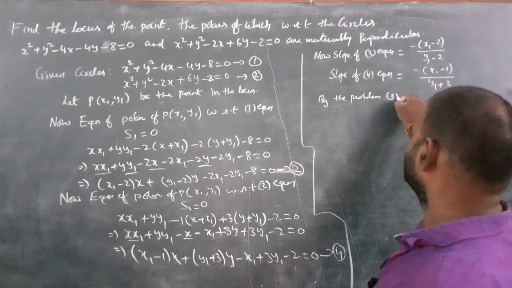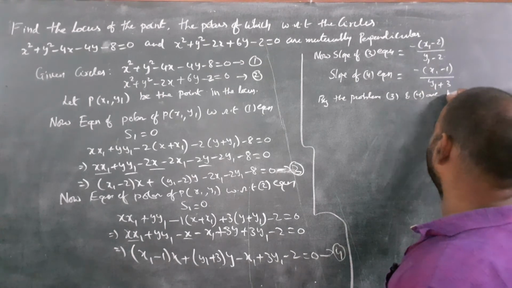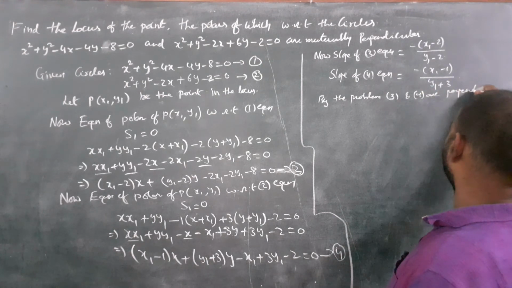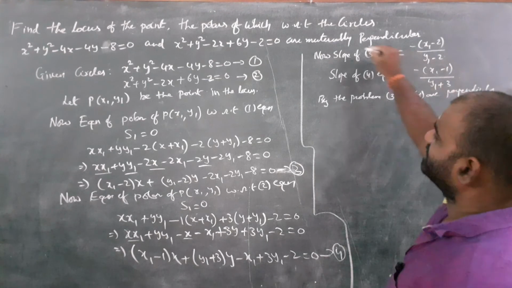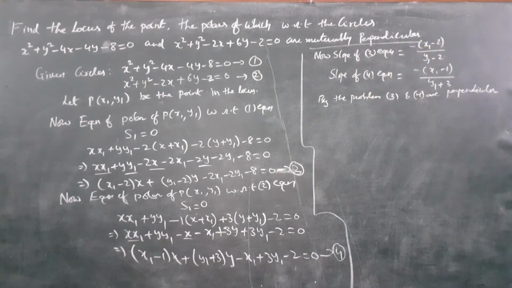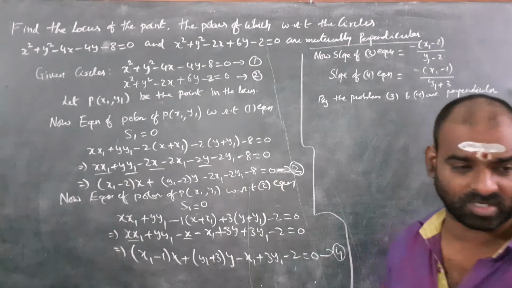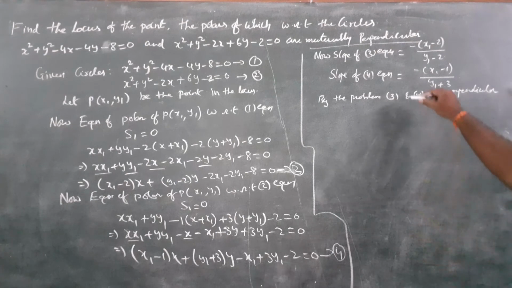The problem says the two lines 3 and 4 are perpendicular, because the polars are mutually perpendicular. So the third is a polar, the fourth is another polar, and those two are perpendicular.